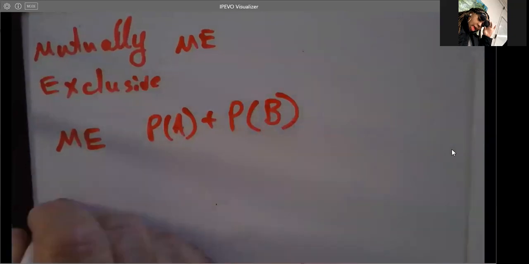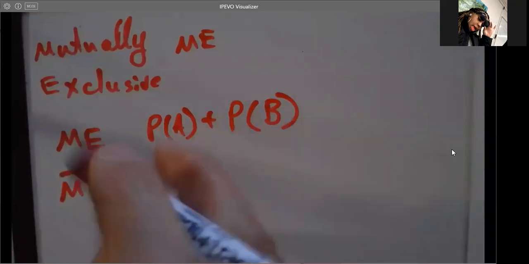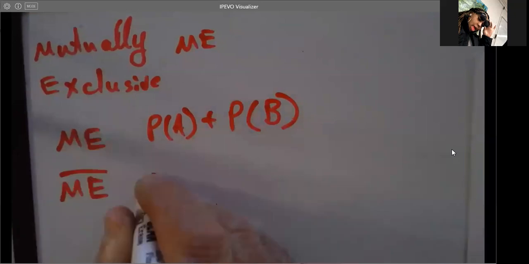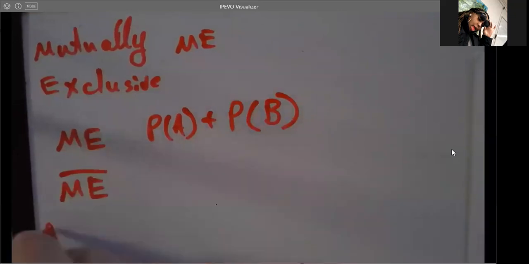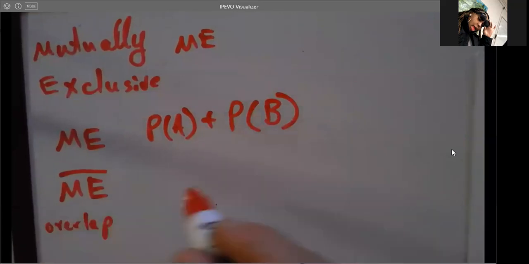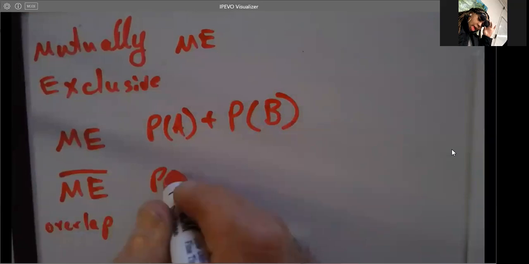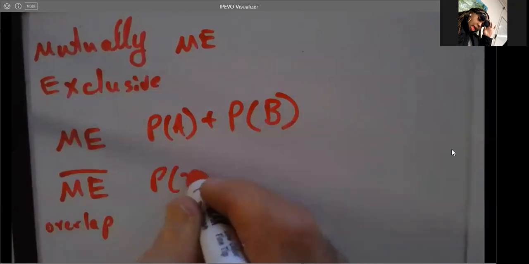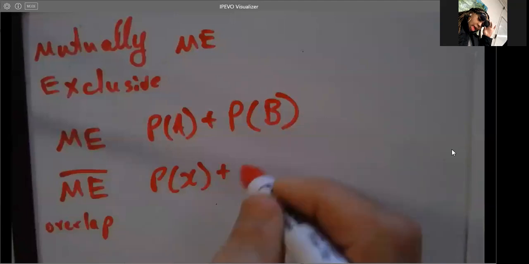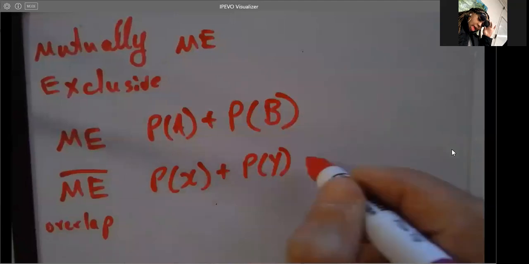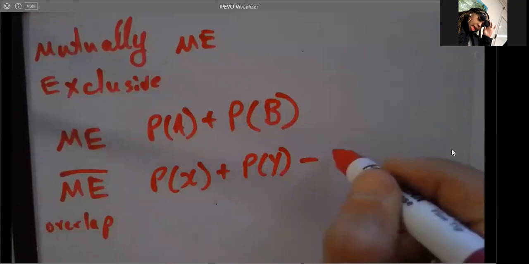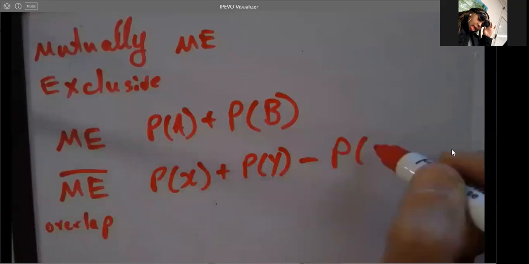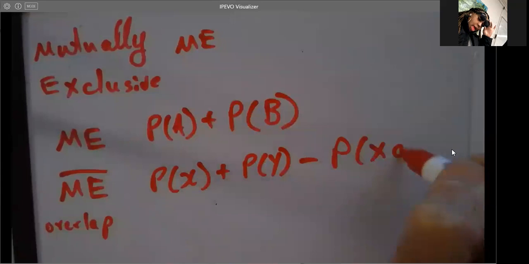But if it's not mutually exclusive, and we'll put a bar over it for not mutually exclusive, in other words, you've got an overlap or something that's in common, then you have to add the two, probability of, we'll call it X, plus probability of event Y, minus what's common, X and Y.